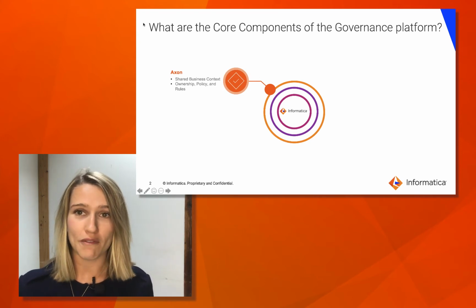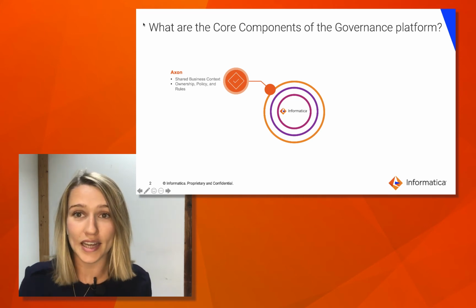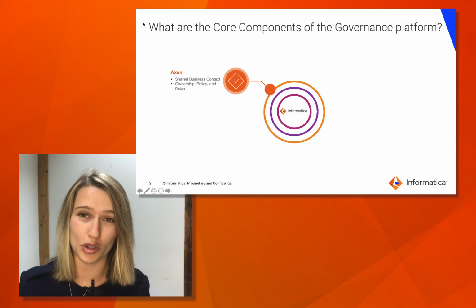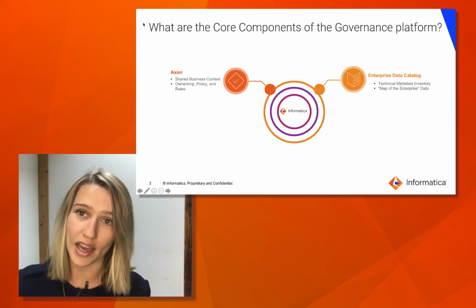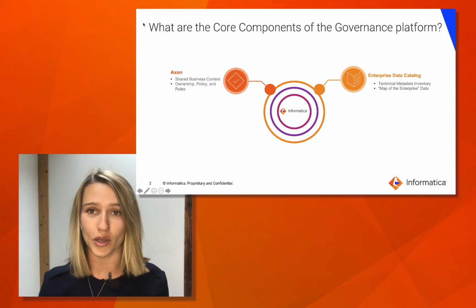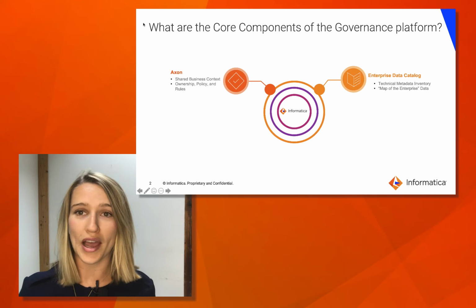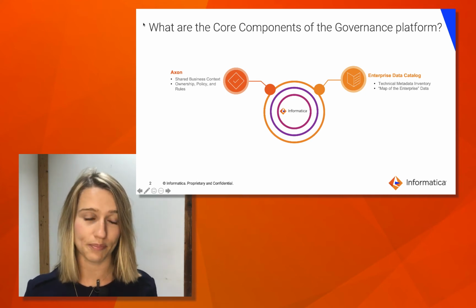Now, how do we inform Axon? Well, one of the key ways to get data into Axon and to actually be able to automate and understand things at scale is Enterprise Data Catalog. Enterprise Data Catalog, or EDC as we call it, is there to do the heavy lifting in terms of harvesting technical metadata.